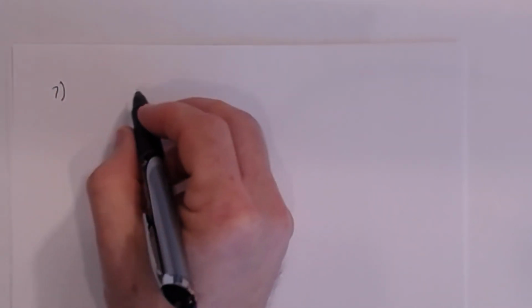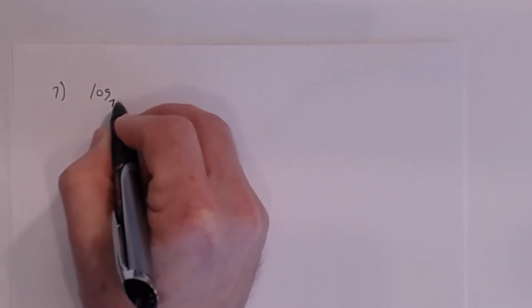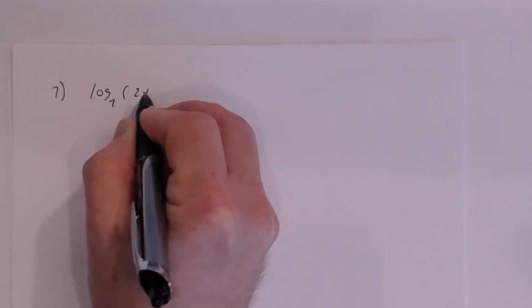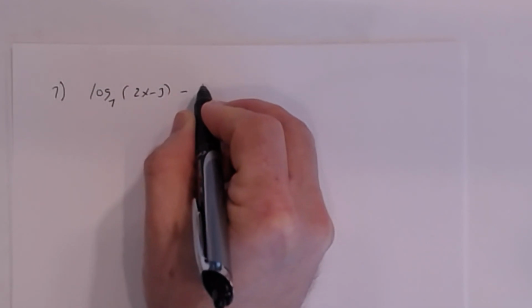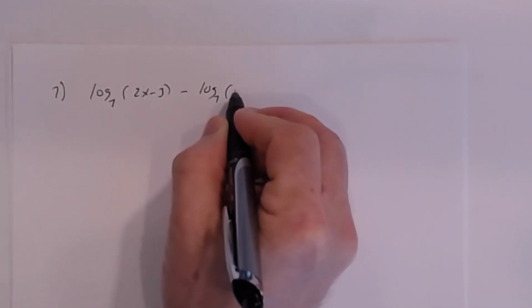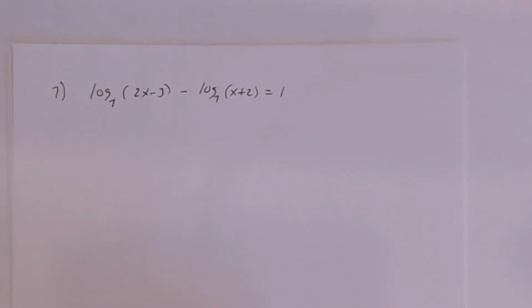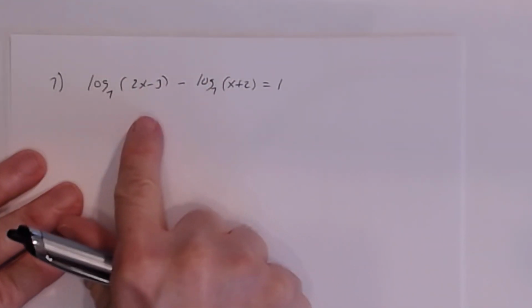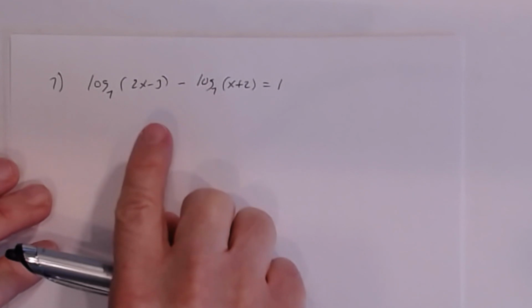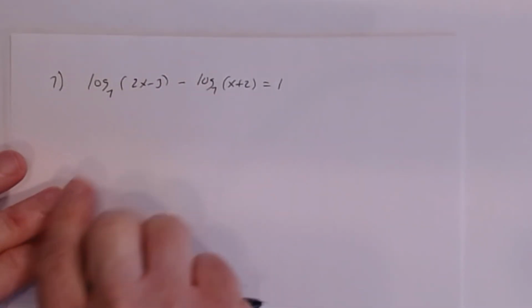Let's do another one. So we have the log base 7 of 2x minus 3 minus the log base 7 of x plus 2 equal 1. All right, so remember, I have this log equation. I want to change it to an exponential.